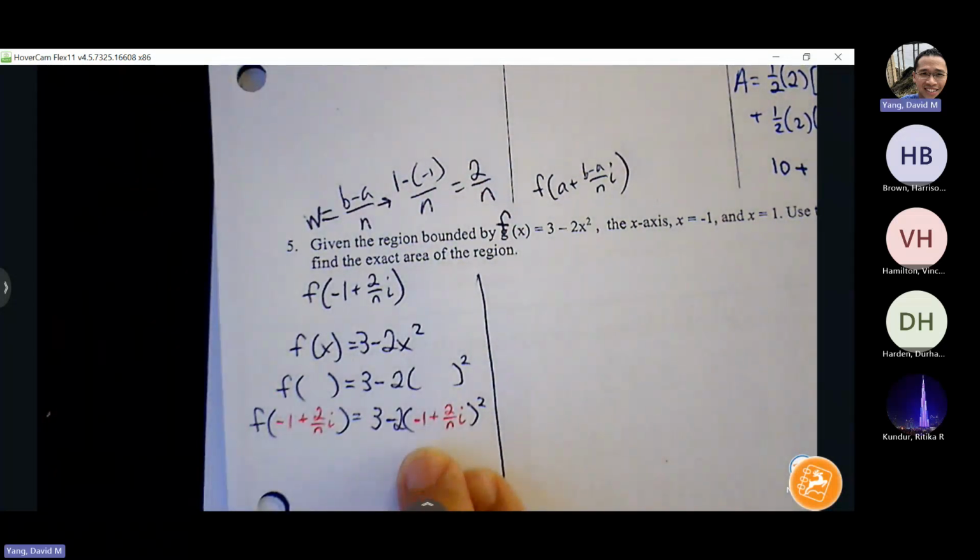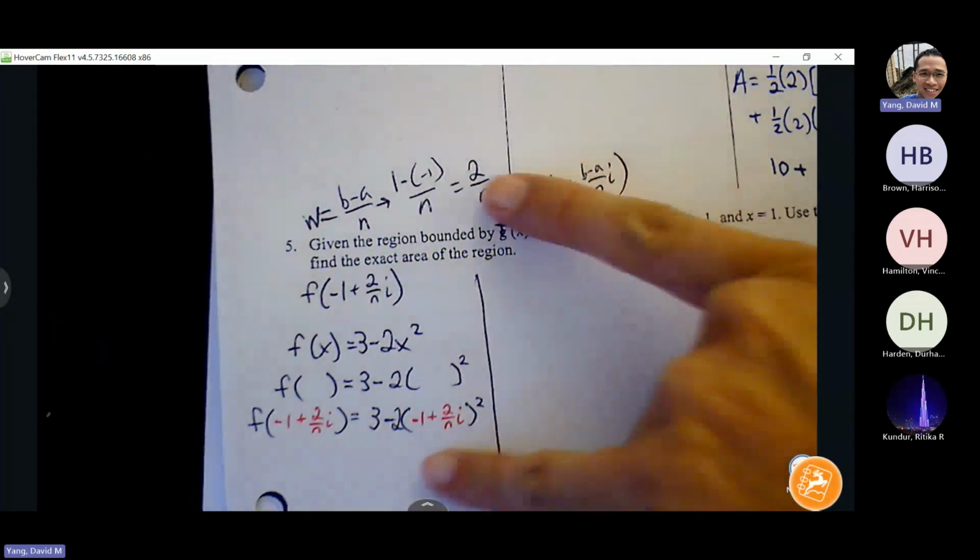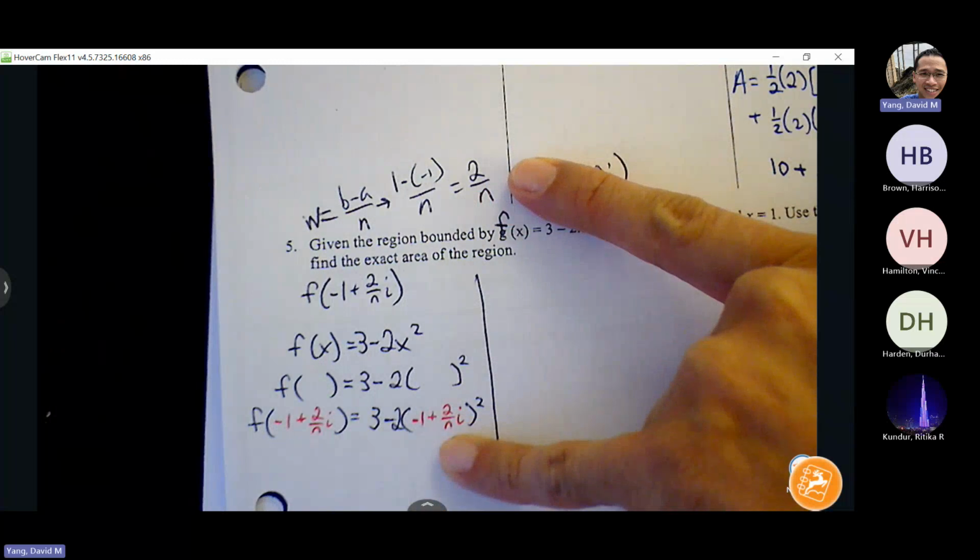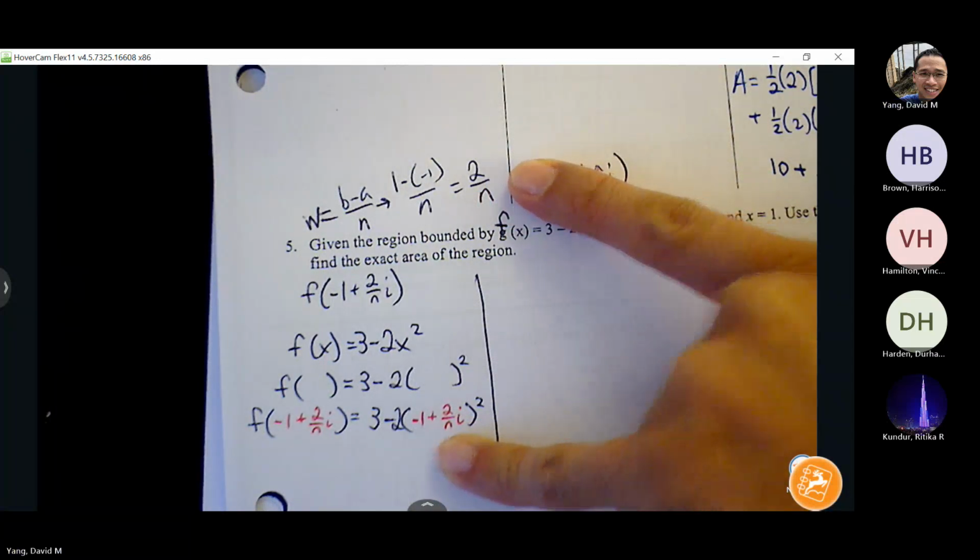We have our height component, we have our width component. Set that up using my area definition.